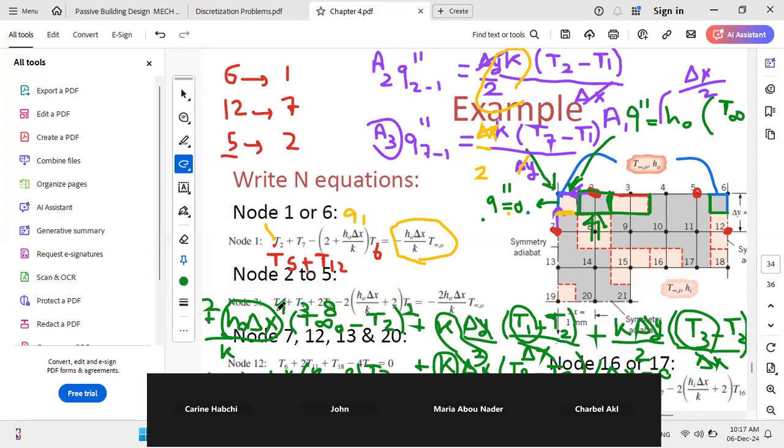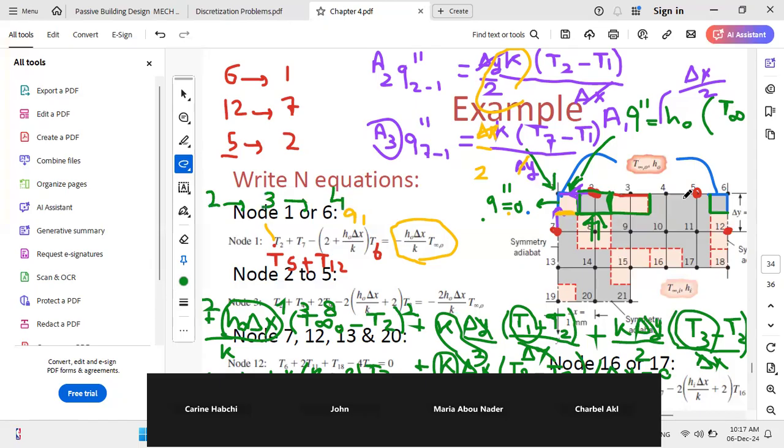Once I know the form of the equation, I can deduce it for all nodes. I did it for node 2 and obtained exactly the same form, but I have equivalent points. If I consider 2, it is equivalent now to 3 when I take cell 3. When I consider cell 4, point 2 is equivalent to node 4.